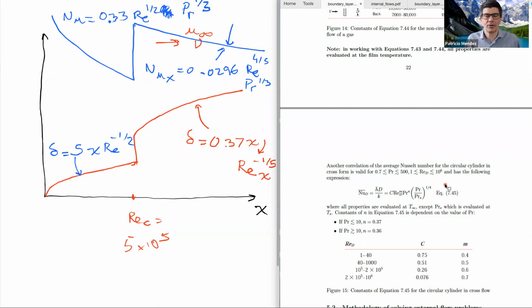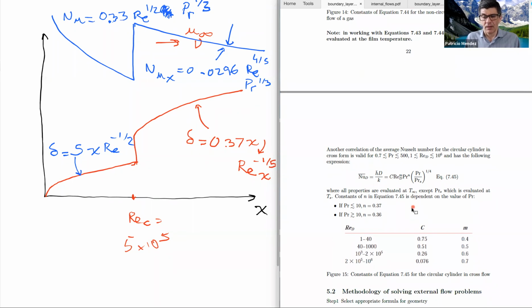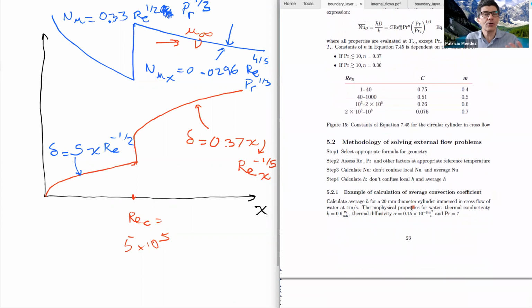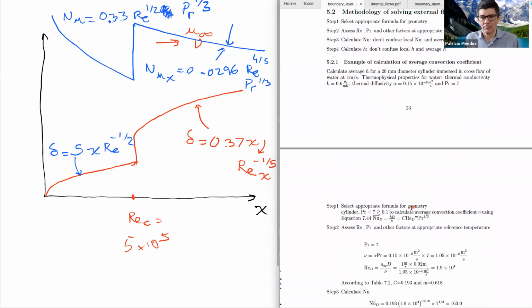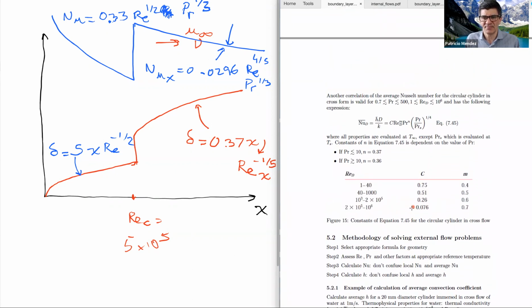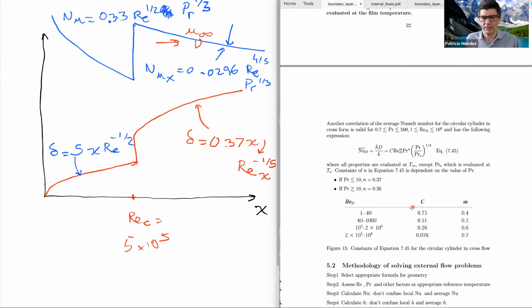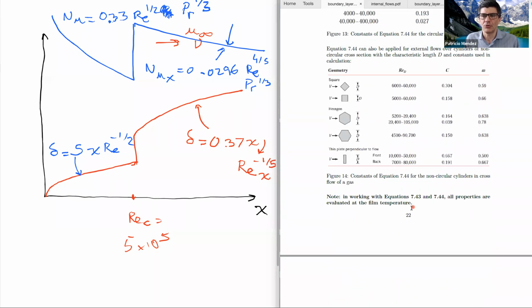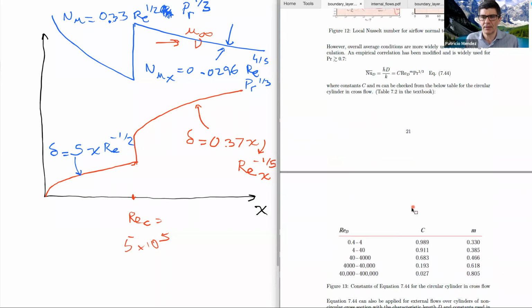That comes from an empirical correlation. This doesn't come from any fancy derivation. And there are other formulas that are even more complex that are in the book. Unless you have to, I suggest you use the simpler formulas. As simple as possible, but not simpler. Simpler than possible means you're missing the boat. But in this case, if we do not have the temperature dependent properties of the fluid, we would be using this formula.